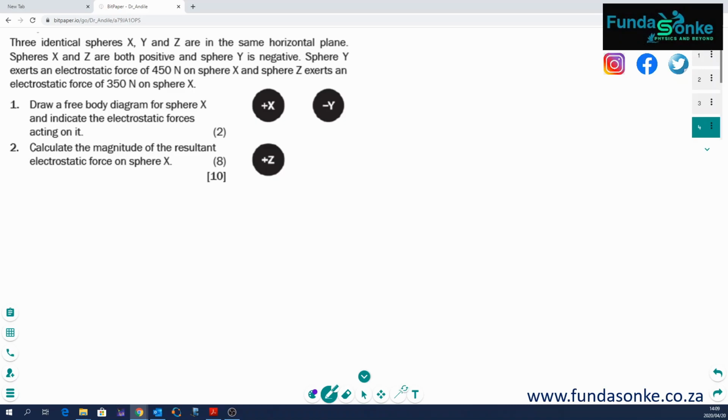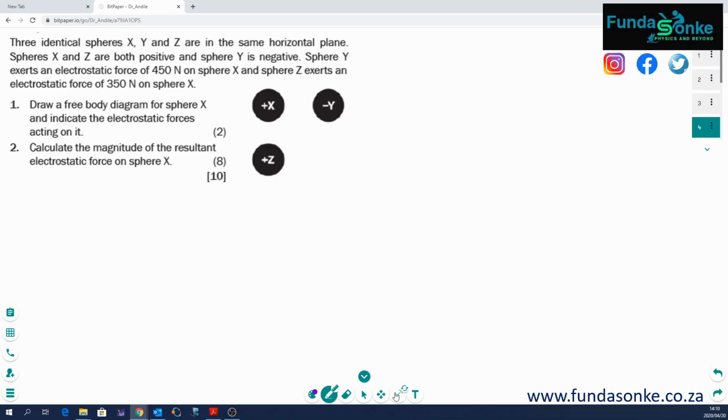Sphere Y exerts an electrostatic force of 400 newtons on X, and sphere Z exerts an electrostatic force of 300 newtons on X. Draw a free body diagram for sphere X and indicate the electrostatic forces acting on it.